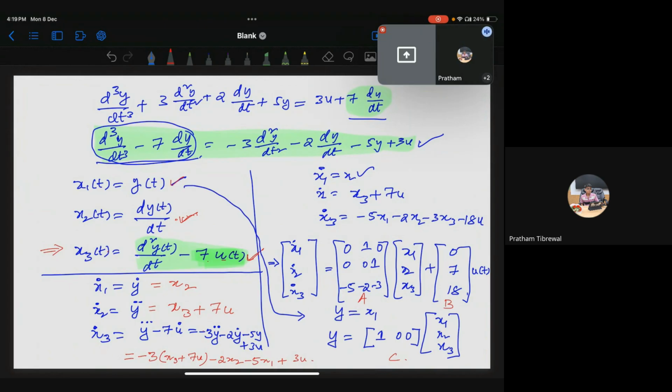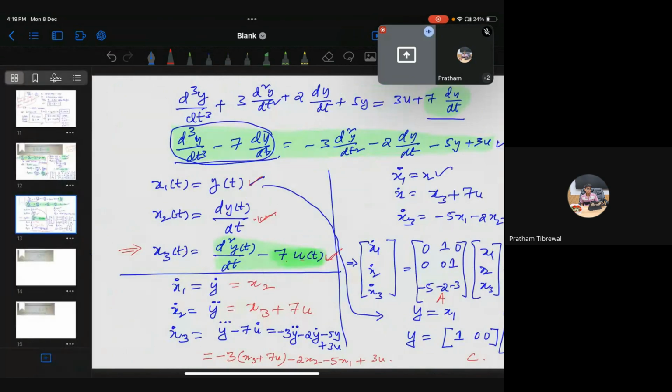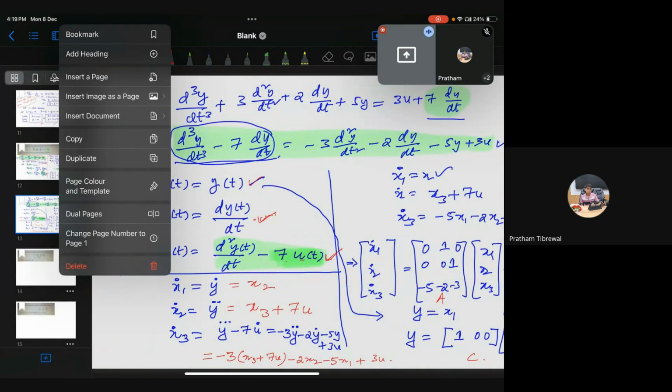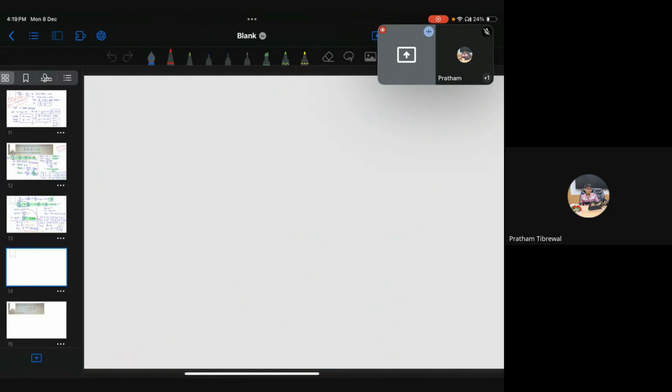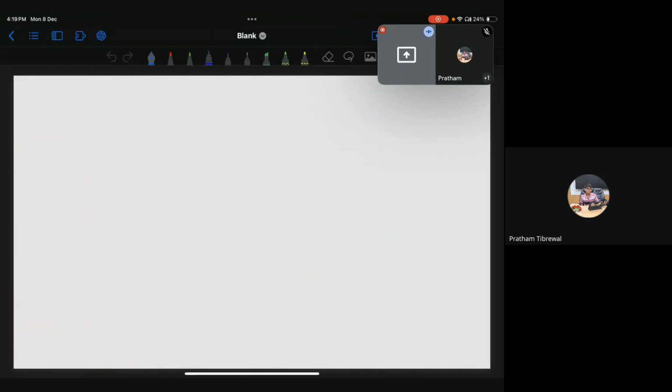Yes, sir. Any queries? Okay. So this is the same problem. You can also solve it in another way. So the other way is like this.